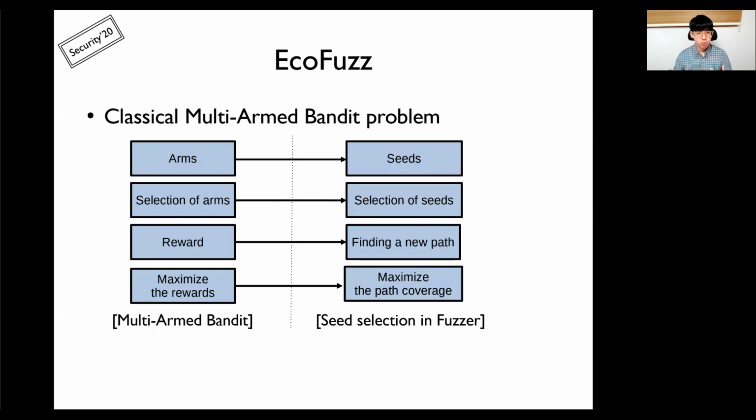And the general goal, which is maximizing the reward, can be changed to maximizing the path coverage for mutation-based fuzzers. So as you can see from this transformation, the multi-armed bandit problem seems to fit well with seed selection strategies.